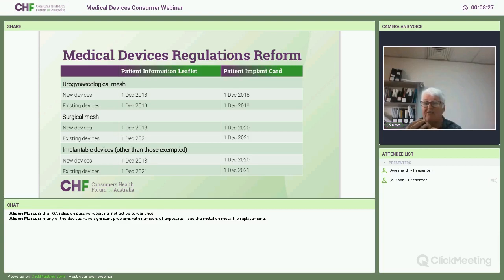We had no way of capturing how many people had had the mesh, how it had been inserted, or when it had been inserted. So doing anything like a recall or alerting people to a problem was incredibly difficult to follow up. And it also meant that consumers probably weren't giving informed consent, because they didn't actually know what had been implanted in them.